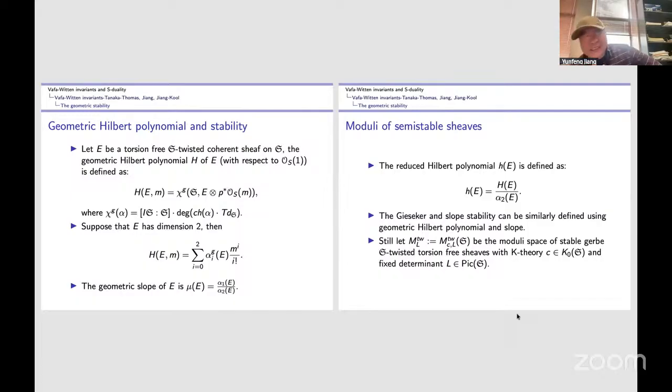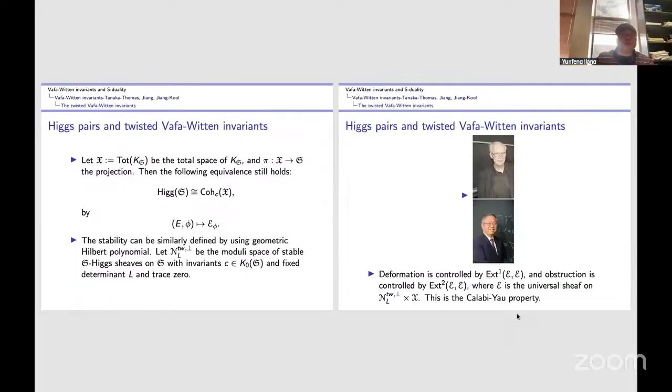So this is a tool before we go to Higgs. We can define moduli of stable or semistable sheaves on an algebraic surface with fixed polarization, and at the same time the moduli space of gerbe-twisted sheaves if I have a mu_r gerbe over the surface. Okay, now let's go to the Higgs.